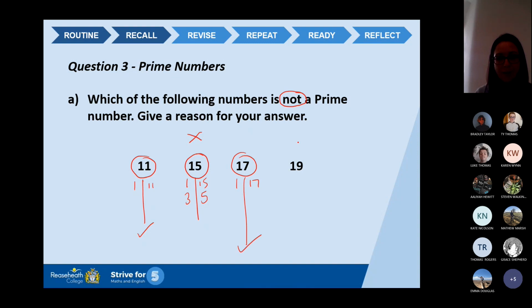Sorry, it is prime. And then 19, again, if we think of all the factors of 19, it's not in any other times table, so it doesn't have any other factors other than itself and 1, which means that 15 is the answer for this one. And if we were given a reason, it's because it appears in the 5 times tables and it appears in the 3 times tables. So that means it's not prime. OK.